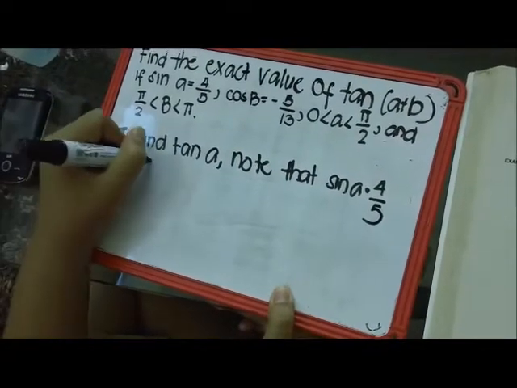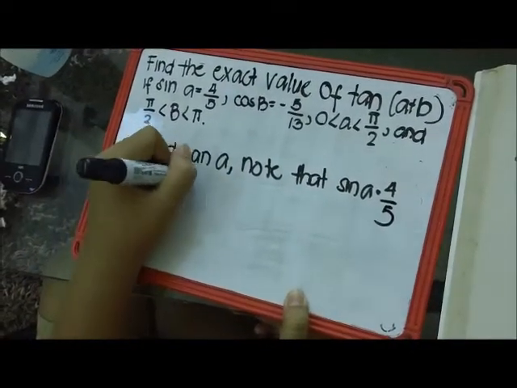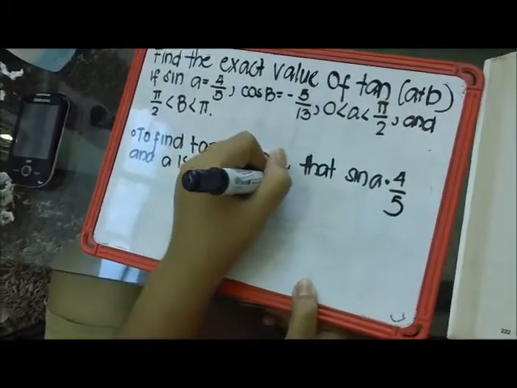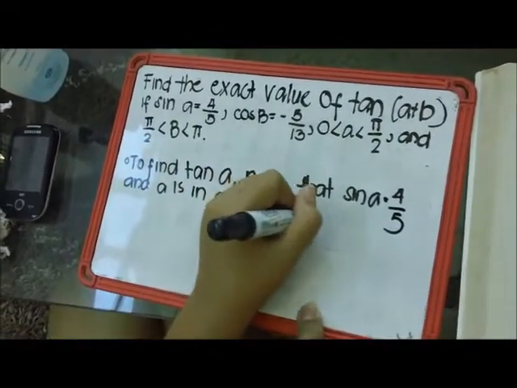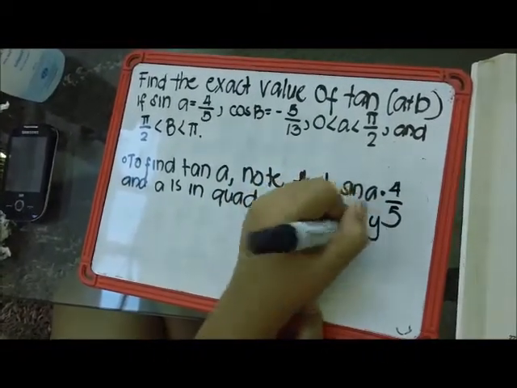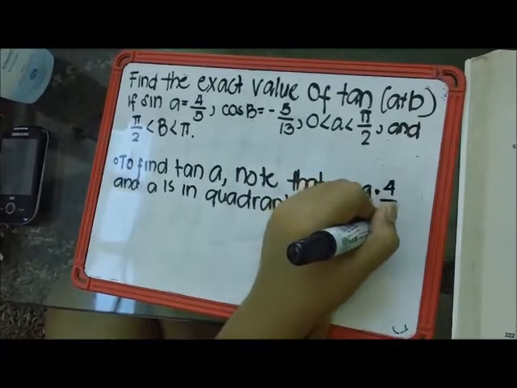To find tangent A, note that sine A is equal to 4 over 5 and A is in quadrant 1. Use y equals 4 and r equals 5 to find x. First, we use the Pythagorean theorem to determine x.